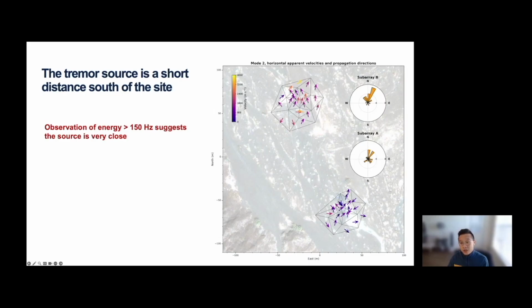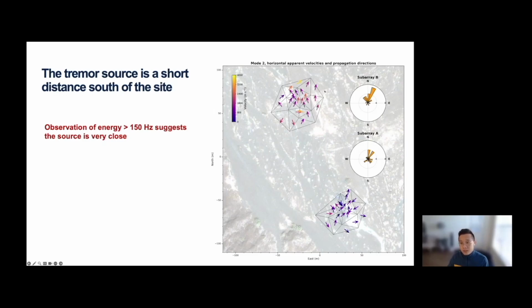The direction of the arrow points in which direction the wave propagates, and the color indicates the apparent velocity of the wave field. And we see that there is a significant scatter in all the arrows, but in general, the arrows point northward for both subarray A in the south and subarray B in the north.